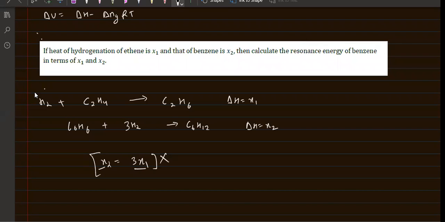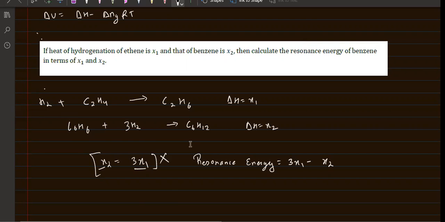So we know that resonance energy is equal to theoretical, which is 3X1, minus actual, which is X2. Got it, everyone? Everyone got this? Easy? Okay, everyone. This was a fairly easy, conceptual problem.